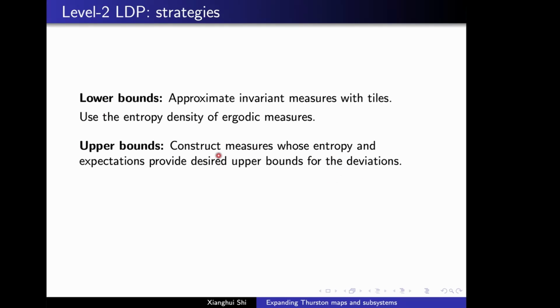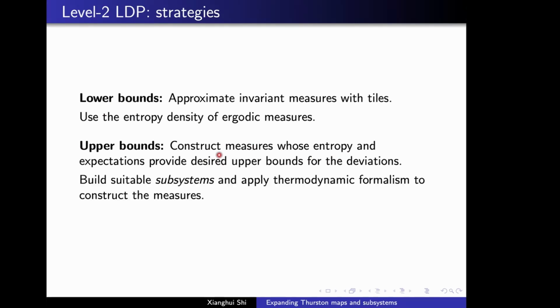To construct such measures, we build suitable subsystems and apply the thermodynamic formula, and the entropy of the measures and their expressions will provide suitable upper bounds, which fits our need.